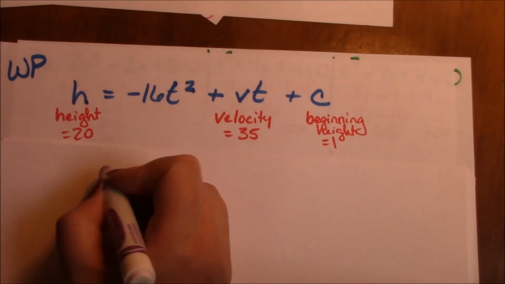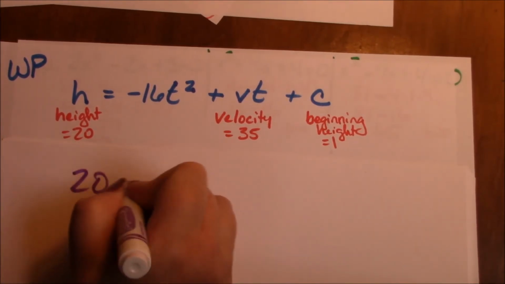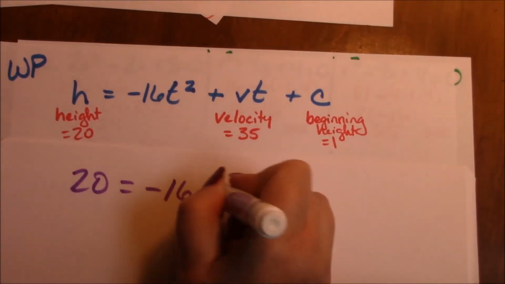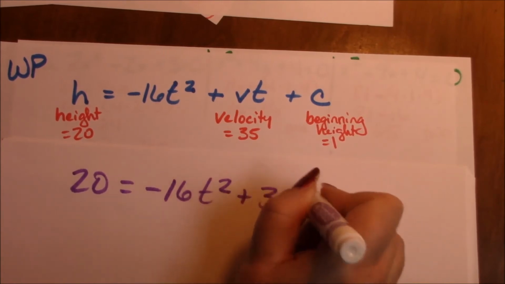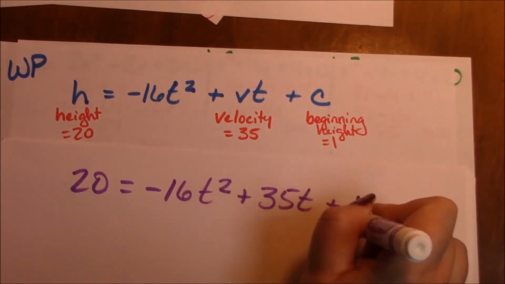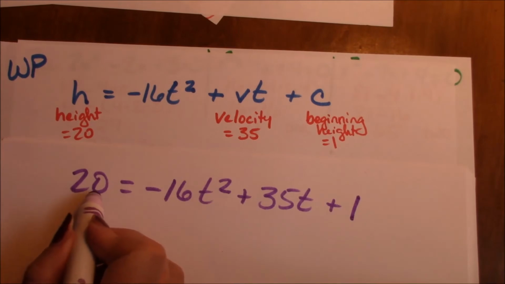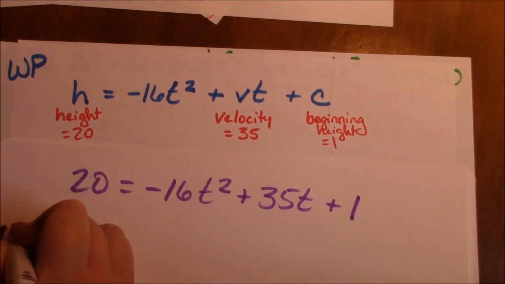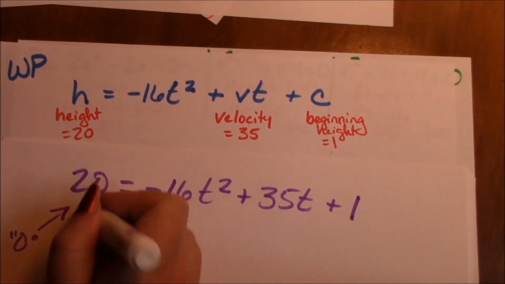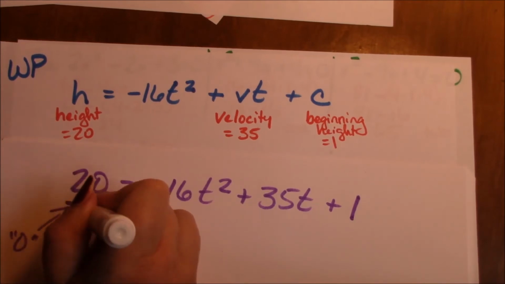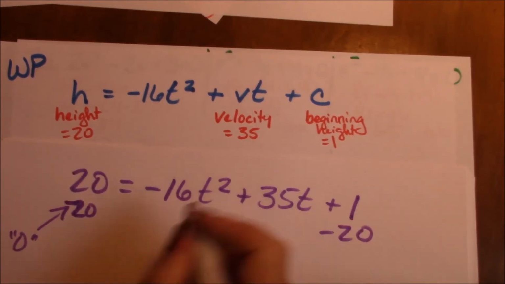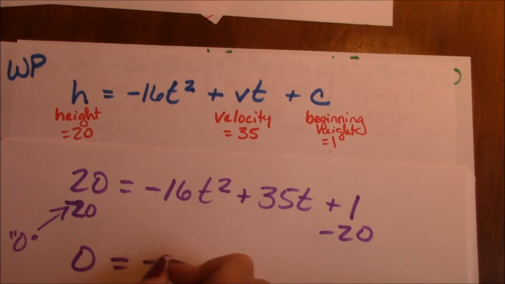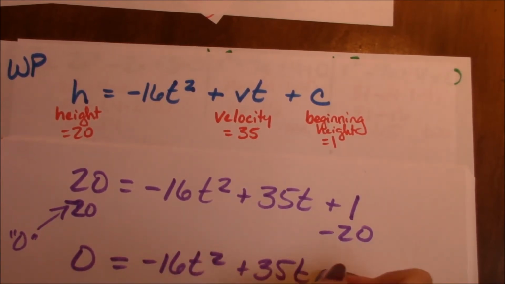So we're going to rewrite this to be 20 equals negative 16t squared plus 35t plus 1. Now remember, we have to start with this being 0. So we're going to subtract 20 from both sides. So 0 equals negative 16t squared plus 35t minus 19.